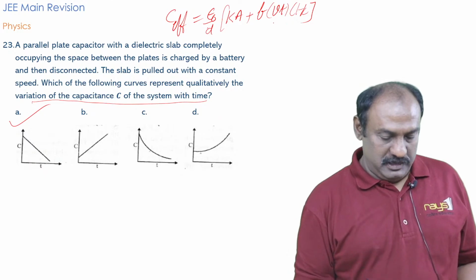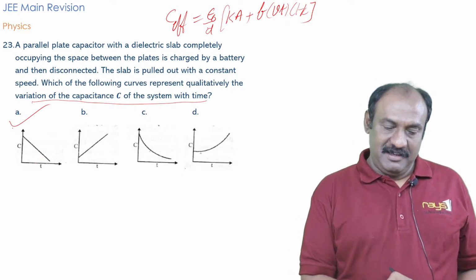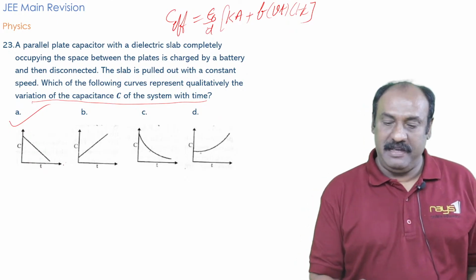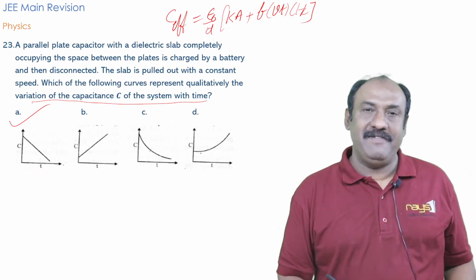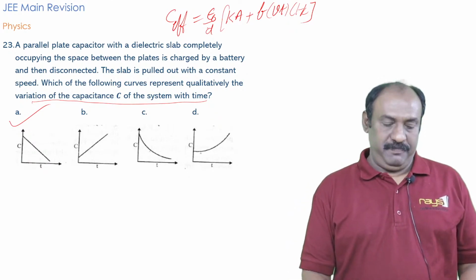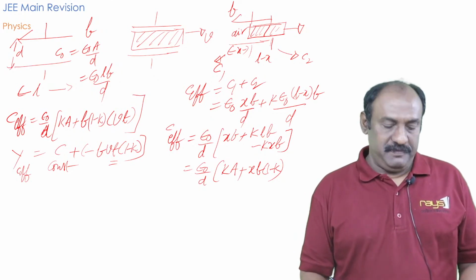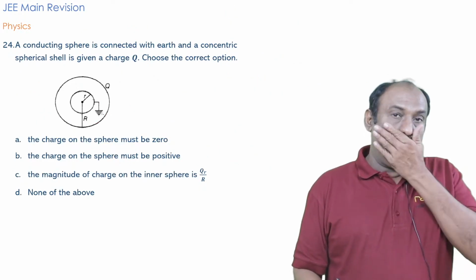Due to that, the graph plotted between capacitance of the system and time is a straight line having negative slope. So, the answer for question number 23 is A. It is an important and standard model question. Okay, right. Next question, question number 24.